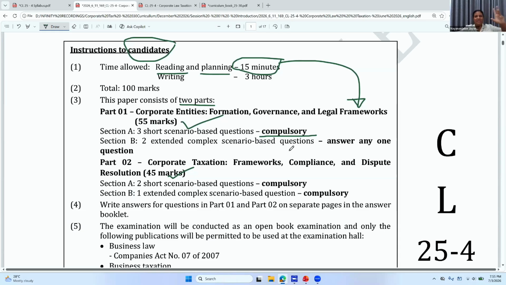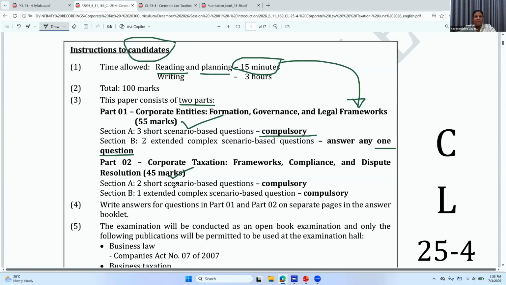The learning outcomes, as given in the curriculum, are tested here in the same way. For the extended complex scenario-based questions, answer any one question. Now you have a selection, and for you to make that selection, you can see how important this 15 minutes is.